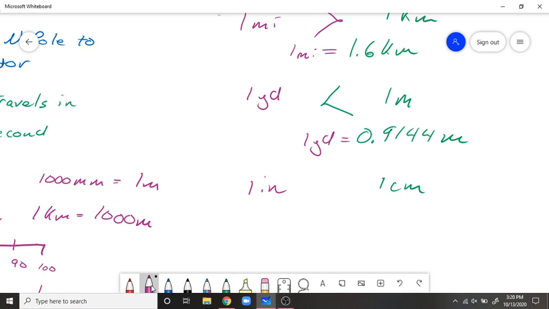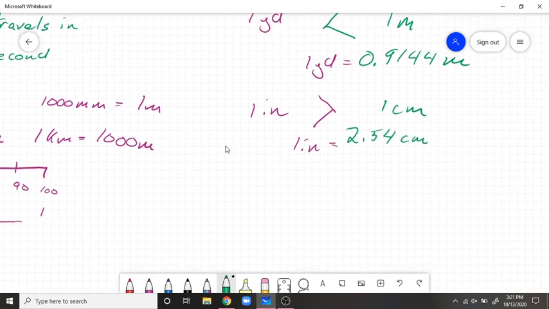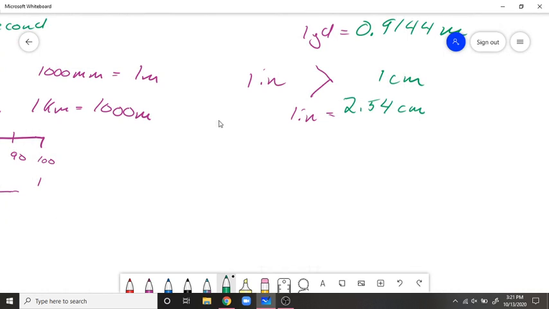And most of you knew, so I was pretty proud. 1 inch is bigger. 1 inch is equal to 2.54 centimeters. So 1 inch is almost 2.5 times bigger than 1 centimeter.